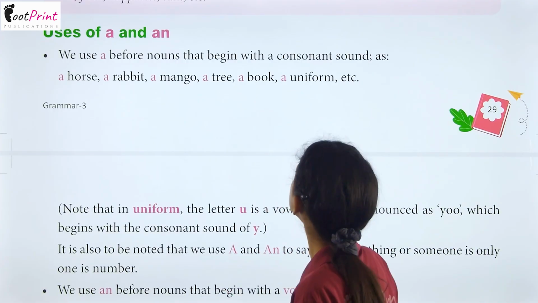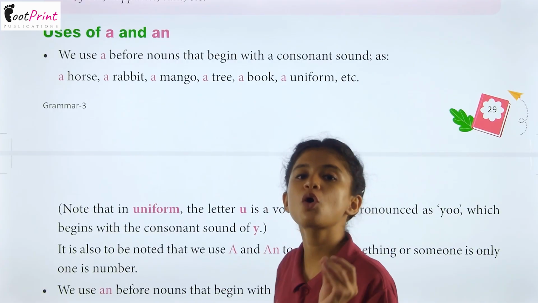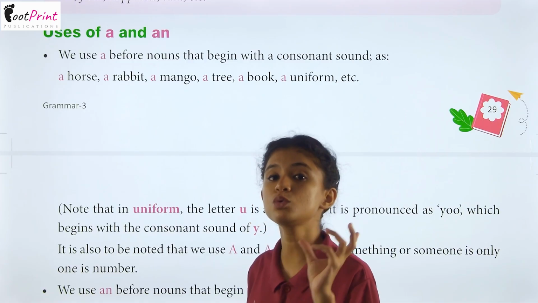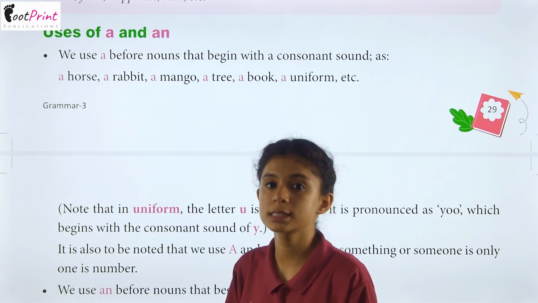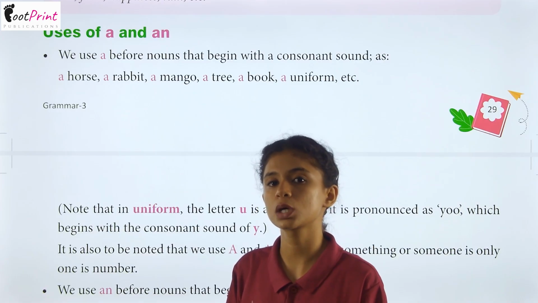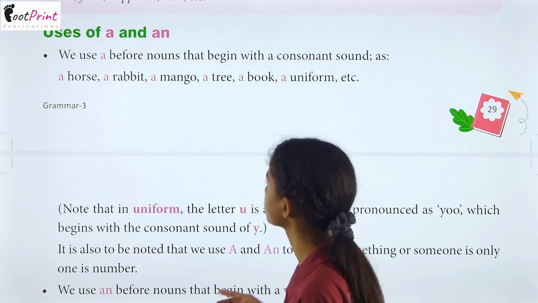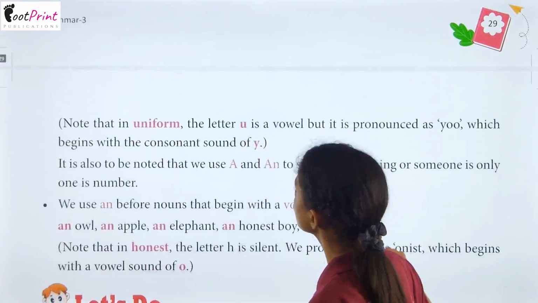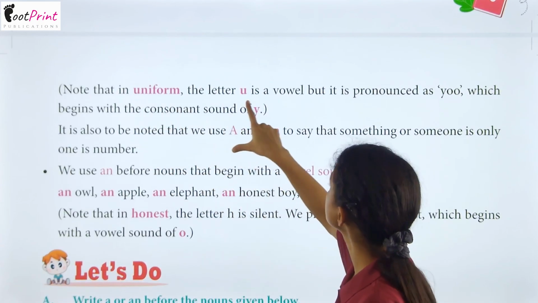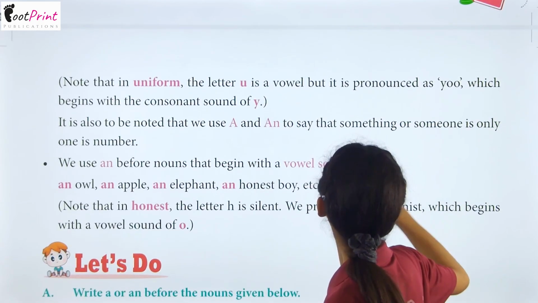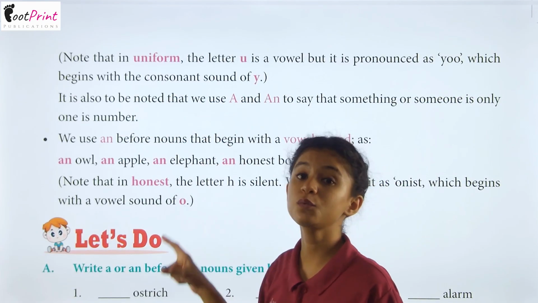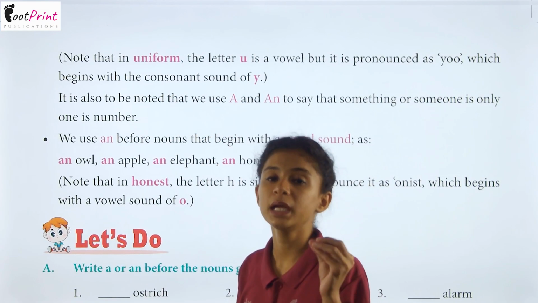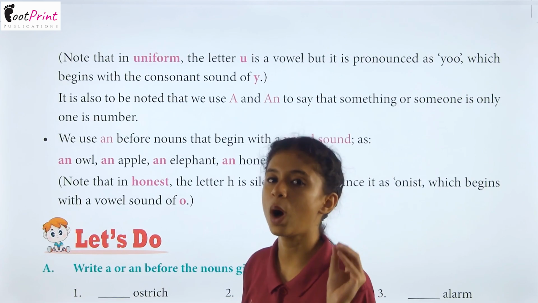So this will come under the category of a consonant sound. You have to take care that we are talking about the sound here, not the consonant itself or the vowel itself. Note that in uniform the letter U is a vowel but is pronounced with the consonant sound of Y.